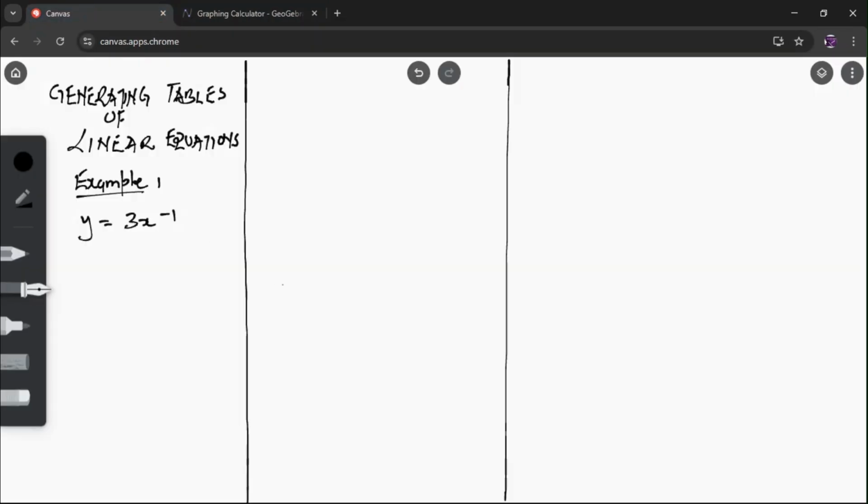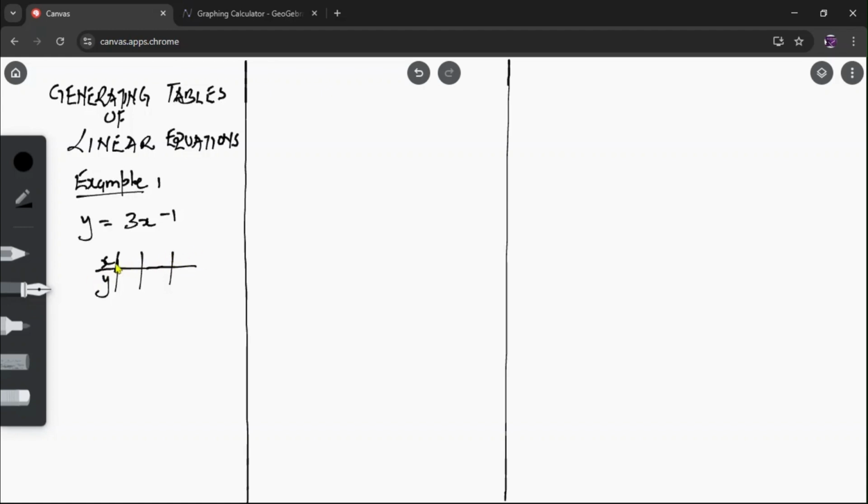When I want to generate a table, I'll generate a simple table of just two unknowns. Here you have your x, and here you have your y. I pick three points. I pick values depending on the graph that I have.